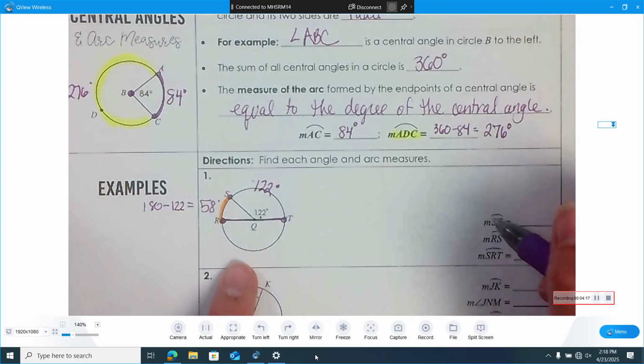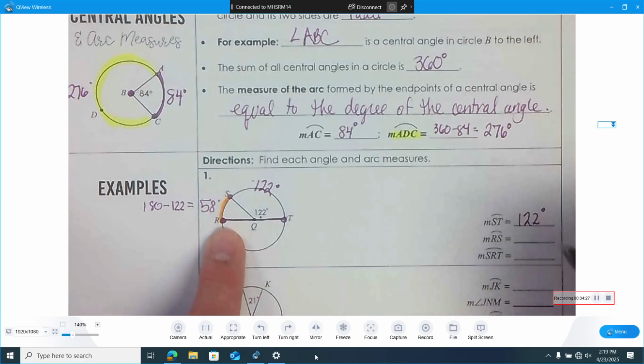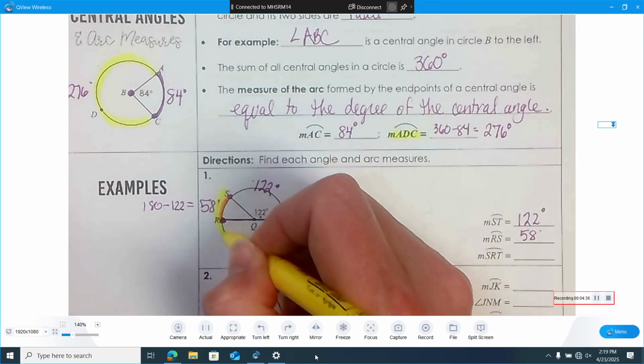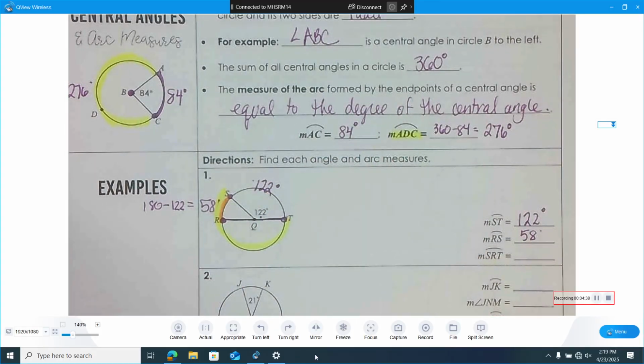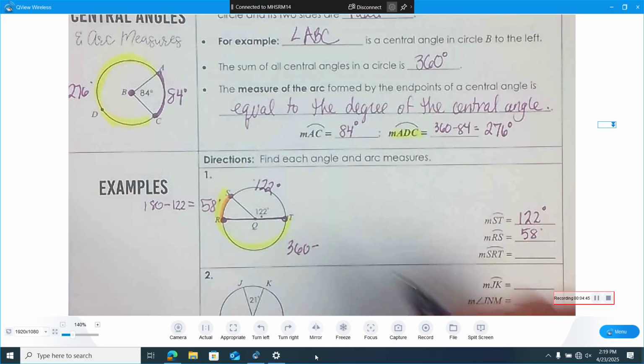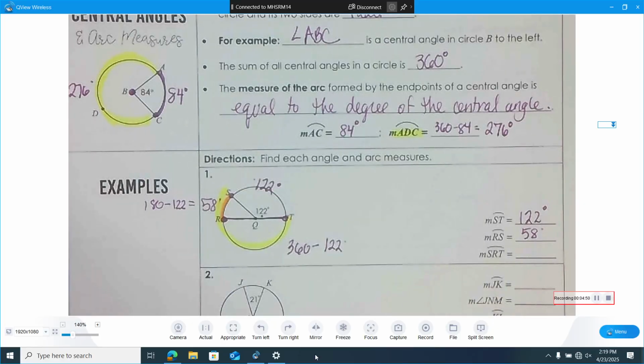So the measure of arc ST was 122 degrees because it matches your central angle. The measure of arc RS is 58. Now, it also wants to know the measure of arc SRT. That's a major arc. How did you get arc SRT? 360 minus 122 degrees.